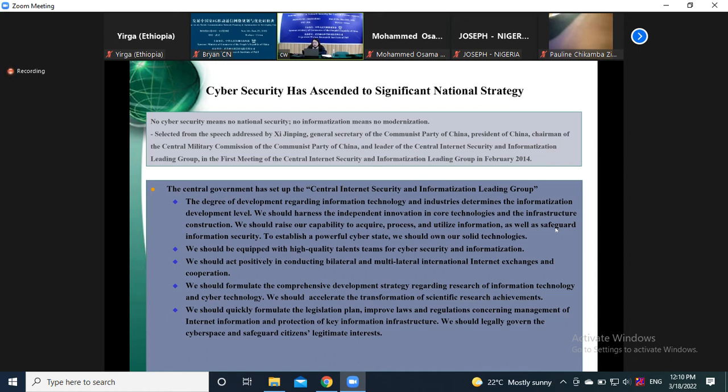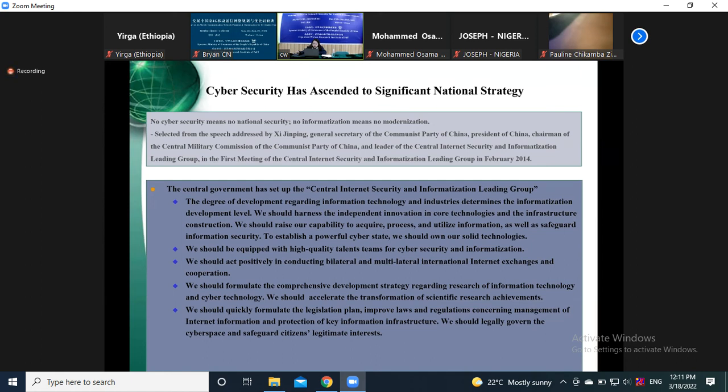We should elevate our capability to govern cyberspace through legislation, so we should protect citizens' rights to express their wills and safeguard citizens' information security through network legislation. And the fifth is connection to international governance.